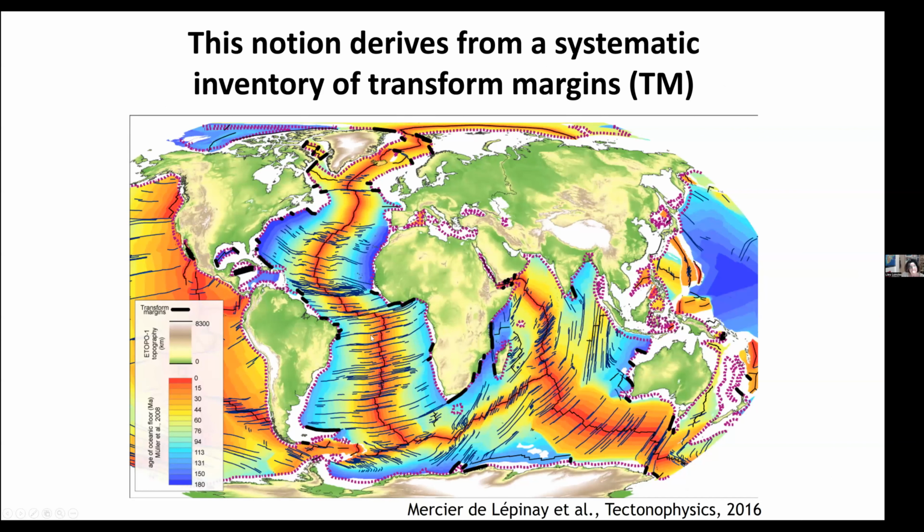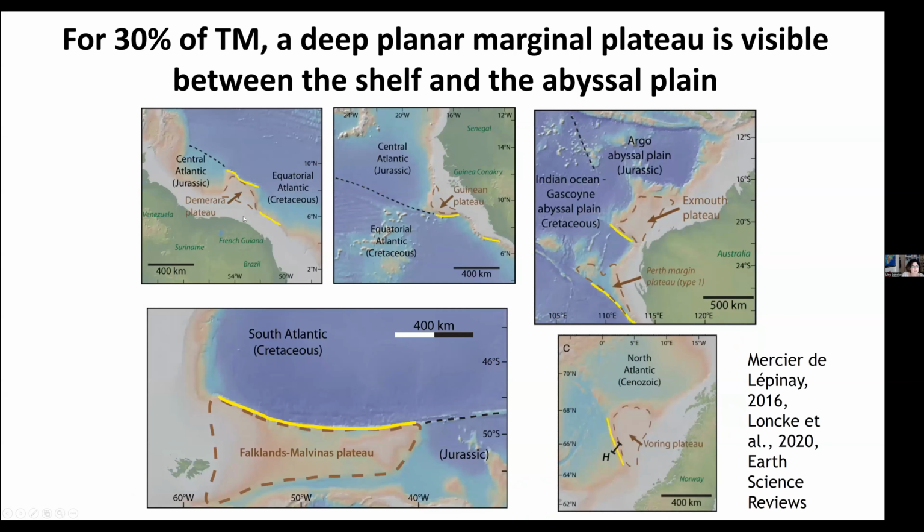On the basis of this inventory, we could compare common attributes of all those transform margins. And on the basis of this comparison, we observed that for about 30% of transform margins, there was a deep planar marginal plateau between the shelf and the abyssal plane.